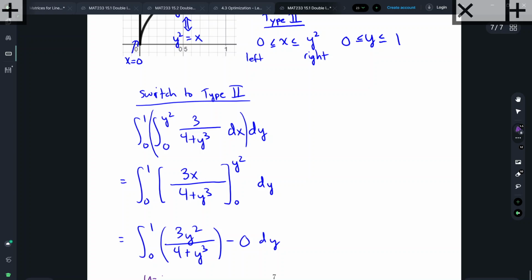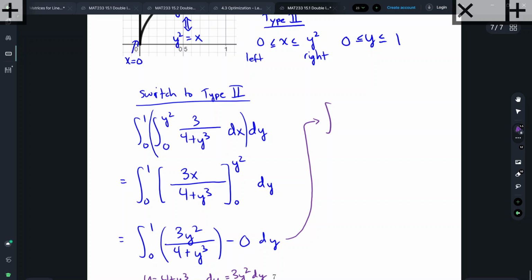So u is equal to 4 plus y cubed, du is equal to 3y squared dy. Notice how this 3y squared pops up here, so that's going to simplify things by a lot.